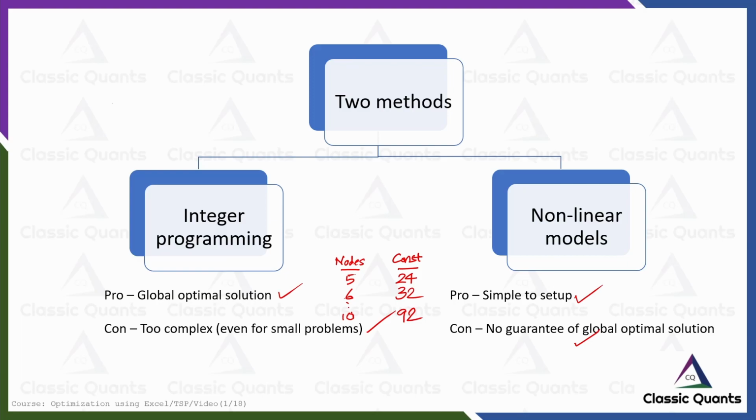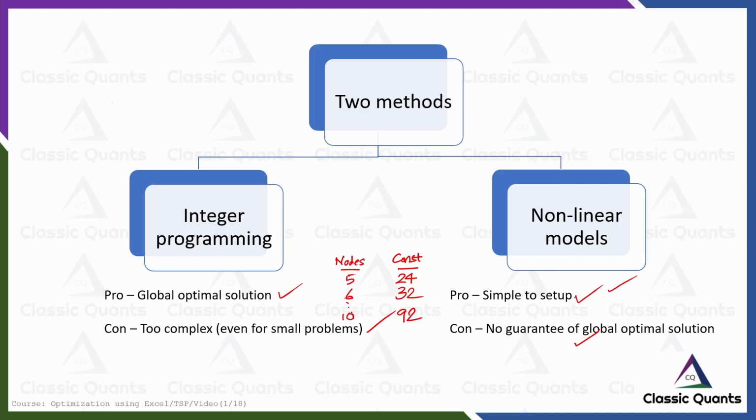It is a very common situation that you will have only 10 nodes. But for only those 10 nodes, if you have to solve 92 constraints, then it is a very complex story, and it is better that you go for a non-linear model. If the network has 20 such nodes, you can imagine how many constraints there will be, and most probably your solver will fail, because the free solver in Excel has a limitation of 200 constraints, so that will obviously fail.